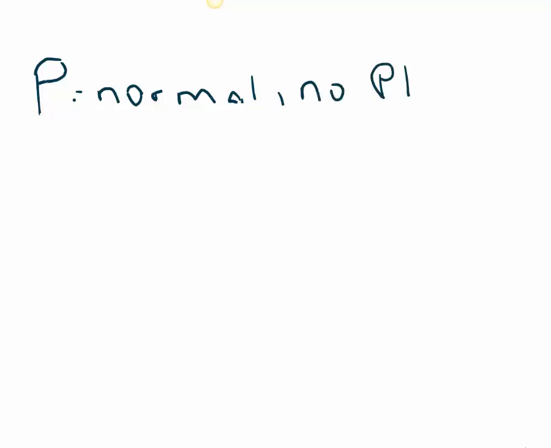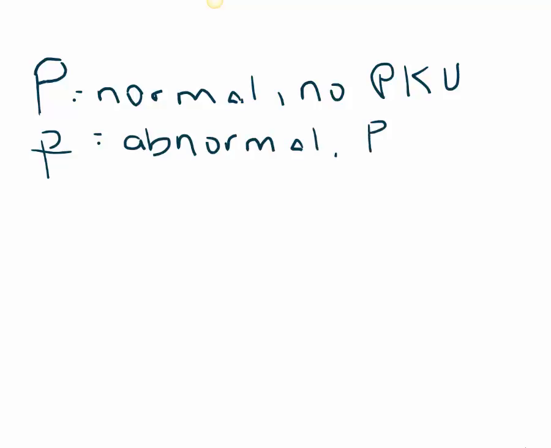The letter for the allele for PKU is P. Capital P tells us that it is a normal allele, which means that a child who has the big P is healthy, does not have PKU, and little p, which we'll underline so we can tell the difference between large P and little p, is the abnormal allele. If they carry that allele and there is no dominant allele to override it, that child will have PKU.